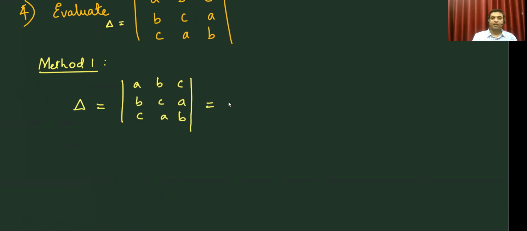This is, expanding about the first column, A times BC minus A square, minus of B times B square minus AC, plus C times AB minus C square.